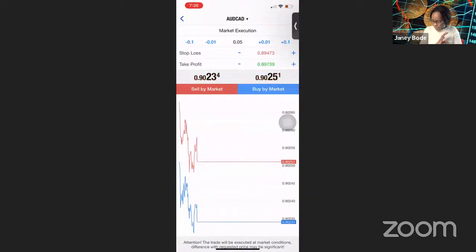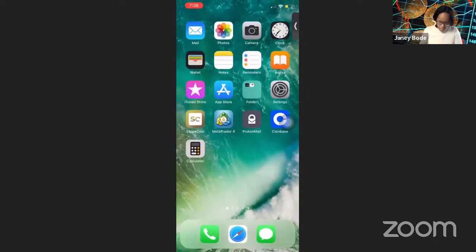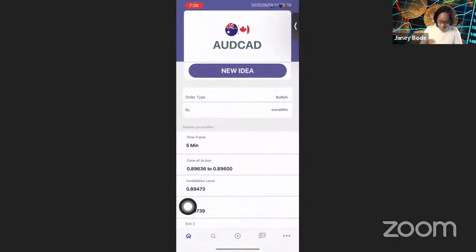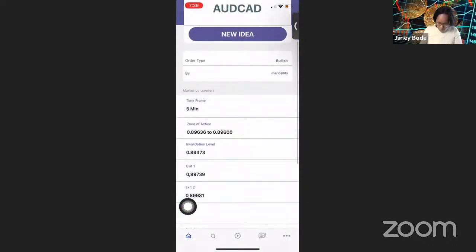Or did I mix this up? Hold on, 89,473. It's such an old trade that it doesn't make sense in the system to take it. Okay, so 0.89636. Yeah, because the market has moved so much.